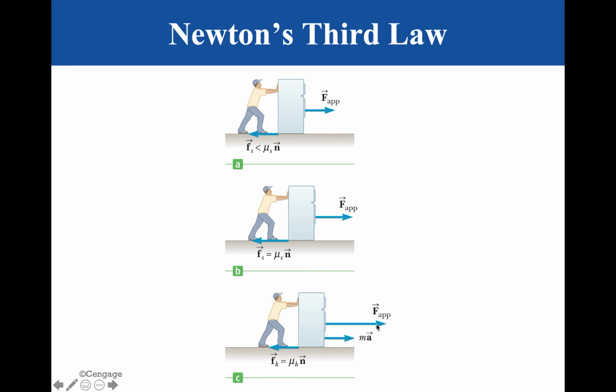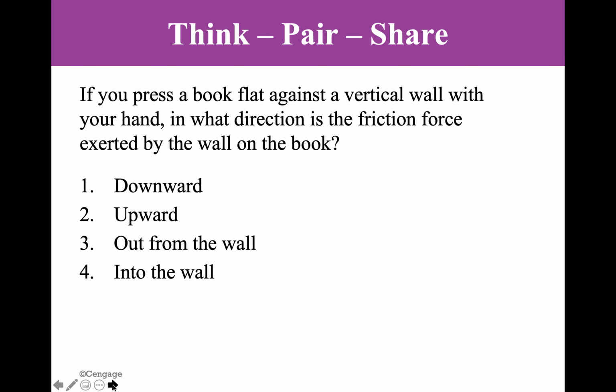And so F applied minus Fk will equal ma. And if you wanted to just move this at a constant velocity, you could drop this down, so your applied force was now equal to your kinetic force, and you could keep moving at a constant velocity from that point on.